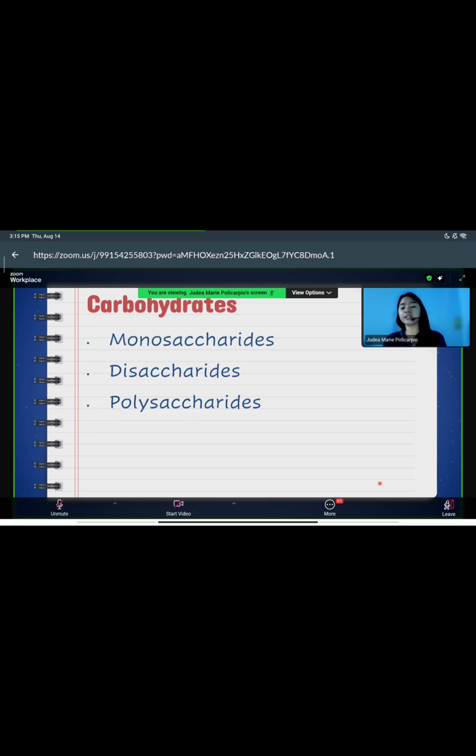Yan kasi nagsisilbing food for the sperm cells. Okay, yan nagsisilbing pagkain ng mga sperm cell. Okay, para meron silang baon pagkain sa kanilang paglalayag. Okay, kailangan may baon daw silang food. Ang food na baon nila is the fructose, and this is produced by the seminal vesicles of the male reproductive system.